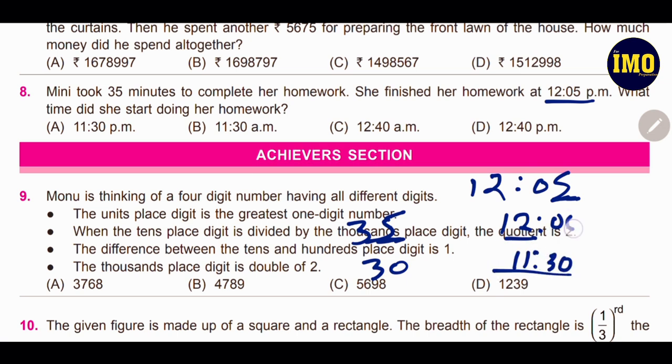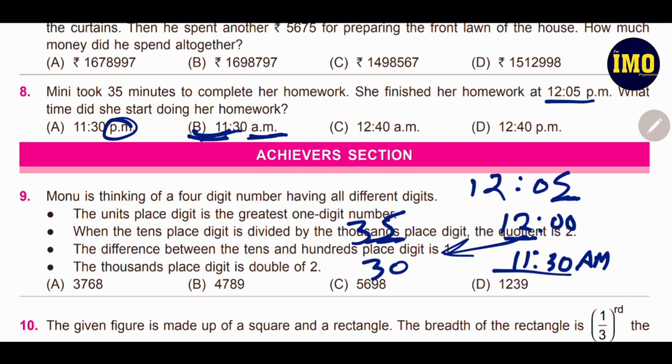It means we take half an hour from the 12 o'clock. So half an hour means what? 30 minutes. And because we go to the left side of a clock, or the morning side of the clock, it must be AM. So this is 11:30 AM. This is your answer. It may be 11:30 also in PM, but we need to find the time in AM. So this is the correct one. So you need to learn AM PM also, because it may confuse you. Okay, so this question is done.